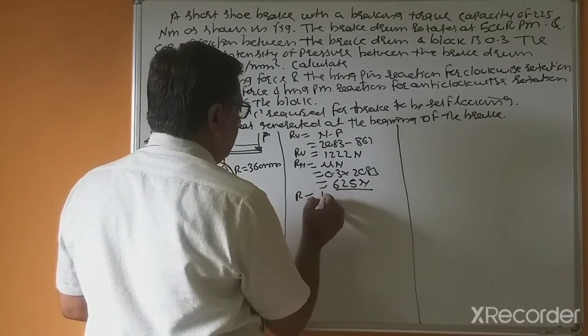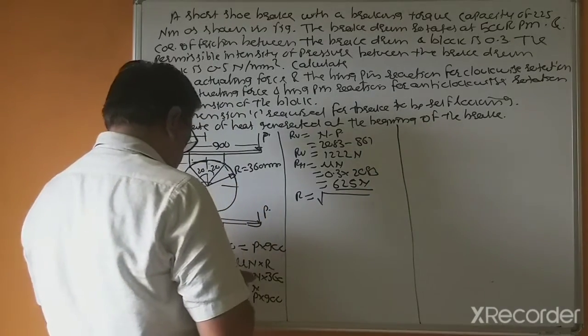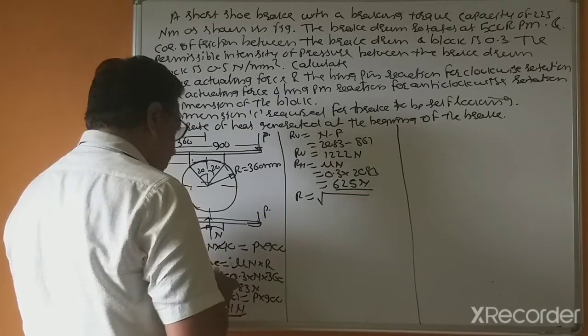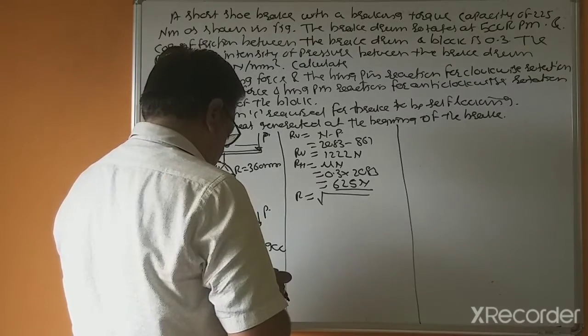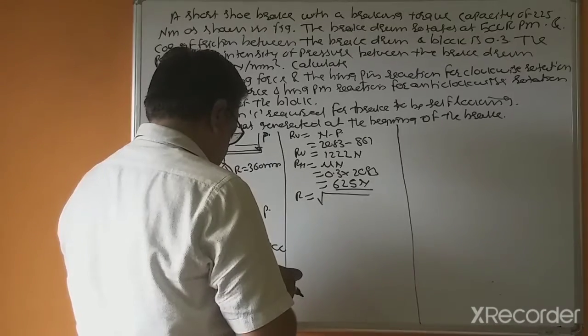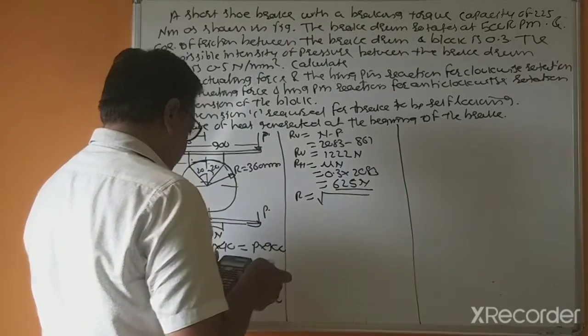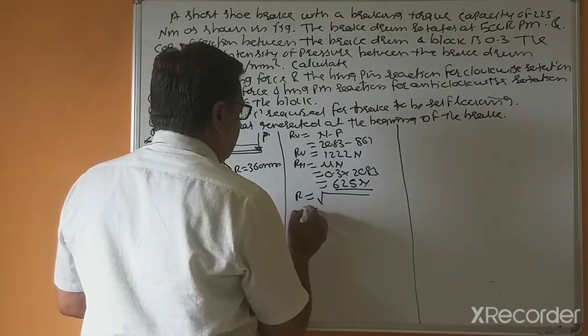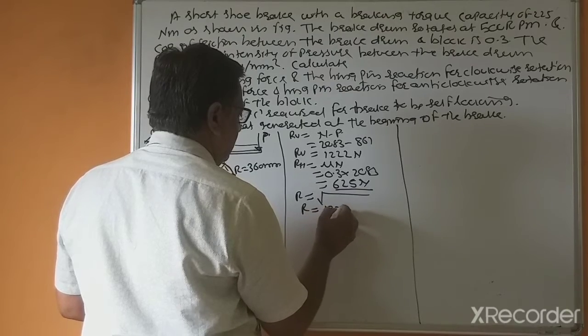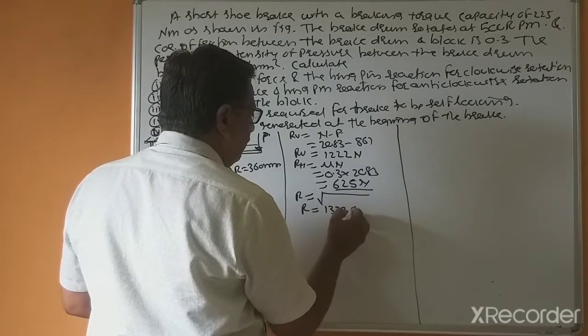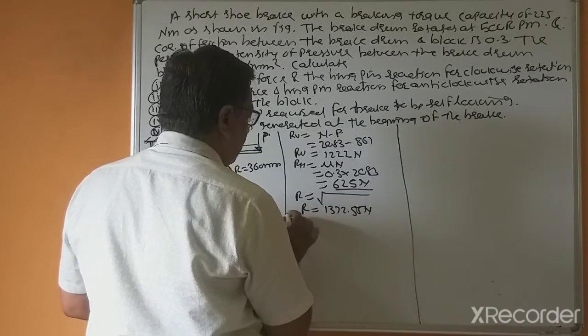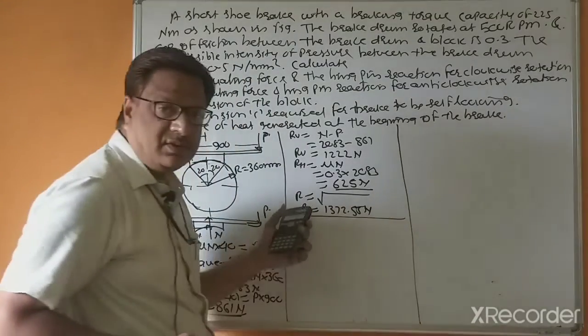Our resultant equal to square root of 625 square plus 1222 square, equal to 1372.5 Newton. So this is the first bit over.